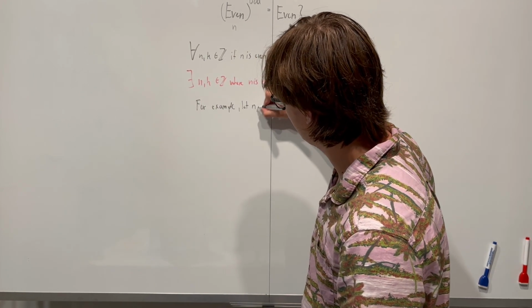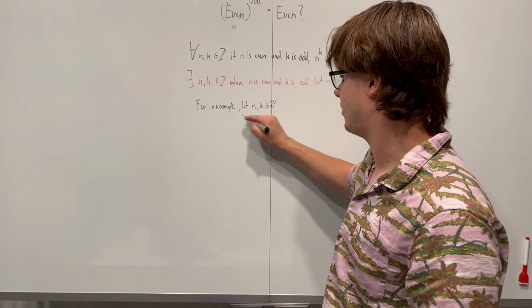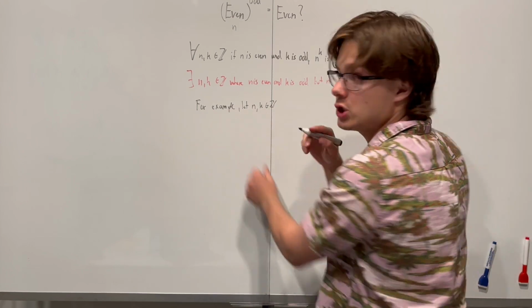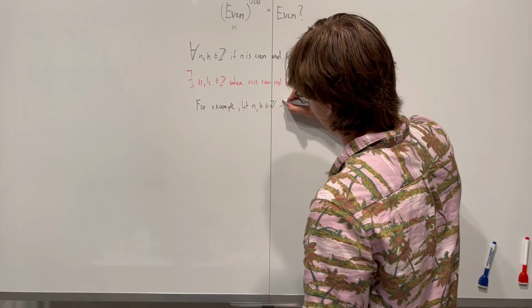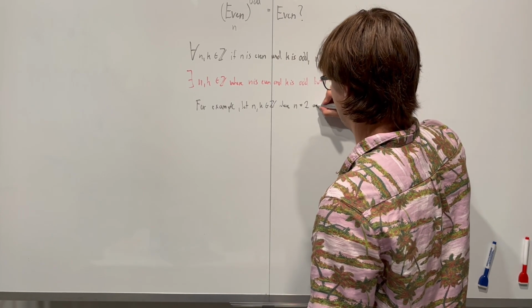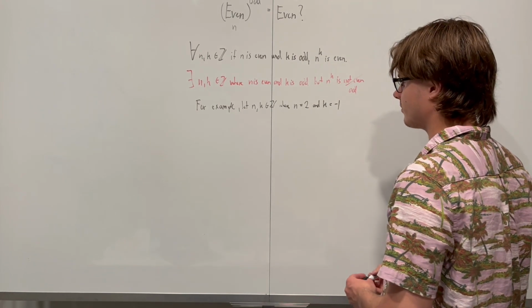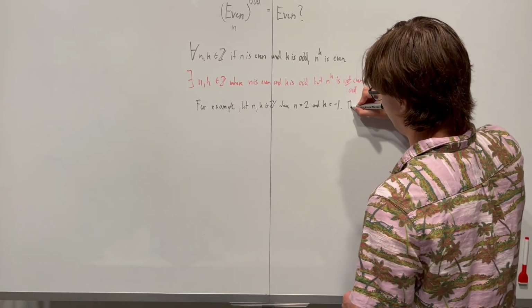let n, k be integers. You might not even have to add this part in. You might just be able to straight away jump to where n is equal to 2 and k is equal to -1. Full stop.